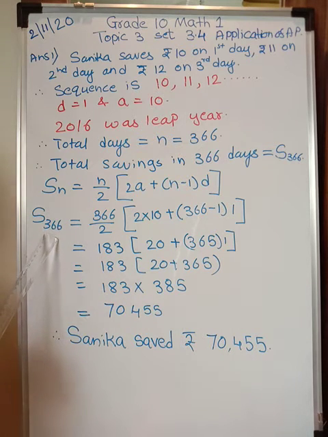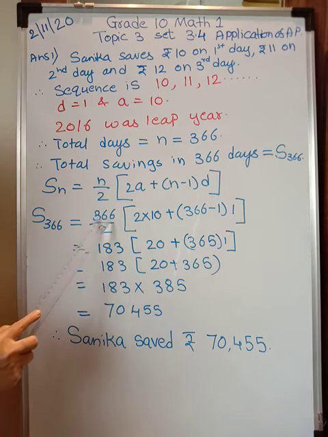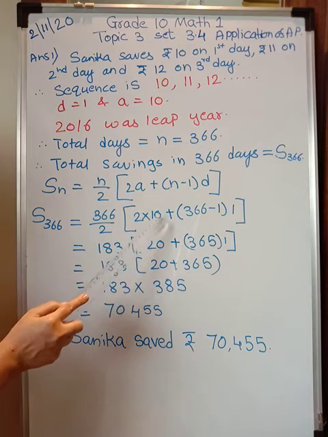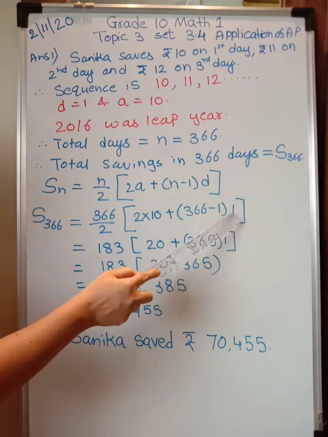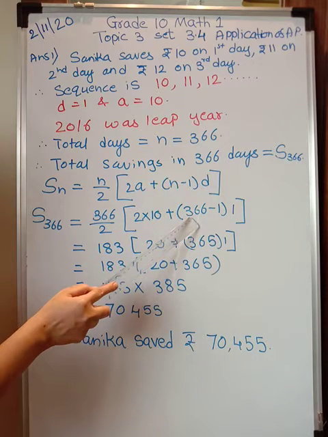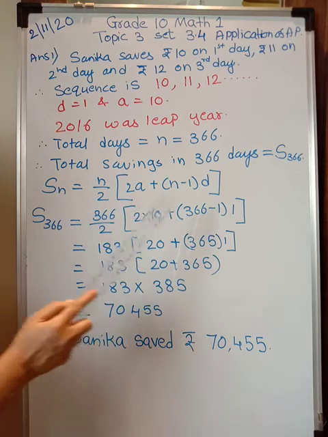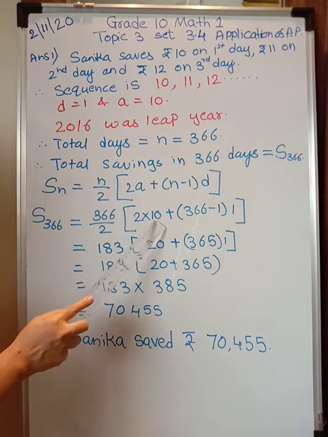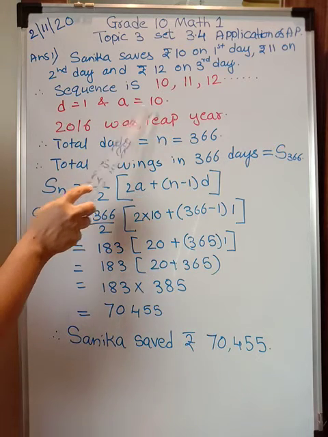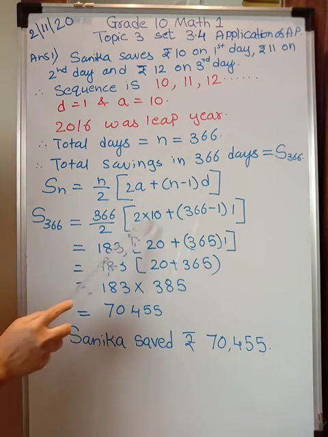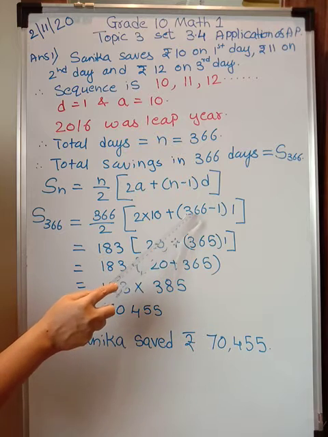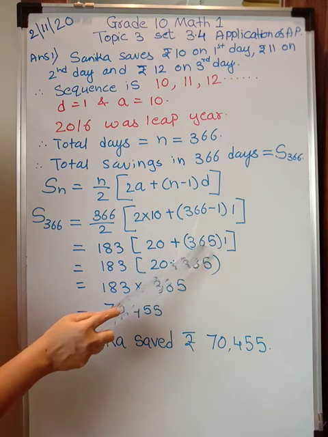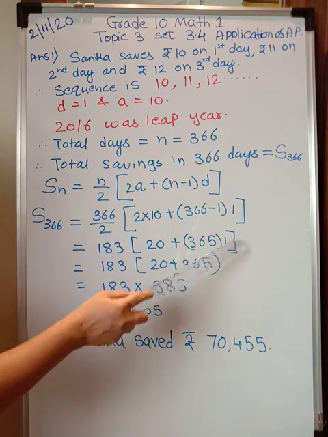So S366 would be, substitute for n as 366, a as 10, d as 1. So what do we get after substituting? 366 by 2 is 183. 2 into 10, 2a, a is 10, the first day. So 2 into 10 is 20 plus 366, n minus 1, is 365. d is 1.